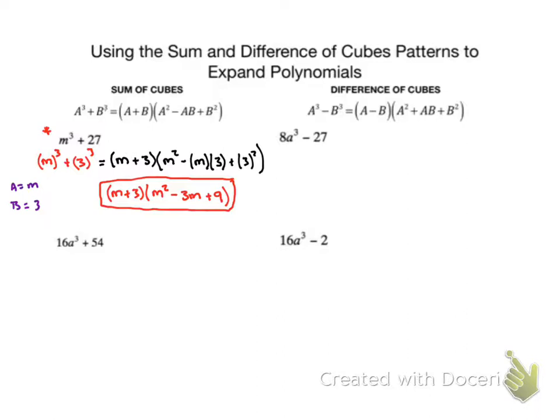They're both even numbers, so we're going to factor out a 2. 16 is 2 times 8, so this is 2 times 8a cubed plus 54, which breaks down into 27 times 2. So 27 stays inside.